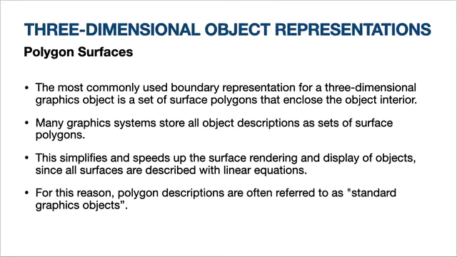For this reason, polygon descriptions are often referred to as standard graphic objects. Basically, it is used in all kinds of graphic systems. That's why it's called a standard graphics object, because it actually simplifies and speeds up the display.